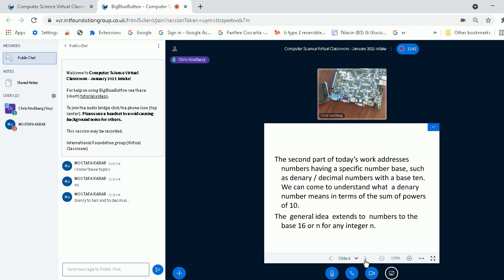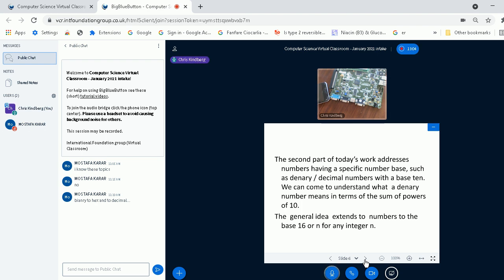So the second part of today's work addresses numbers having a specific number base, such as denary or decimal numbers with base 10. And we can come to understand what a decimal number means in terms of the sum of powers of the base, in this case the base 10.